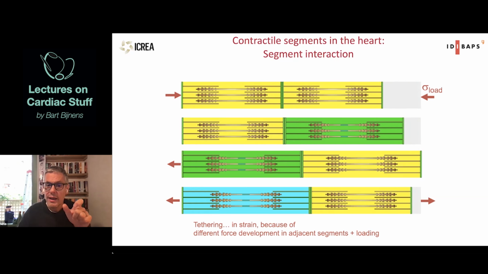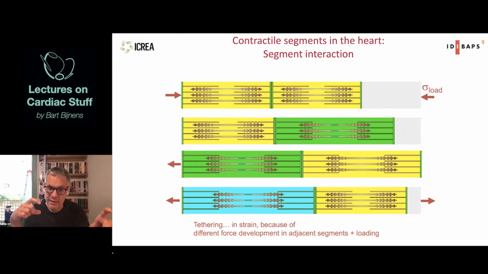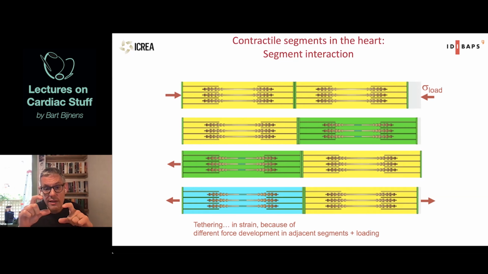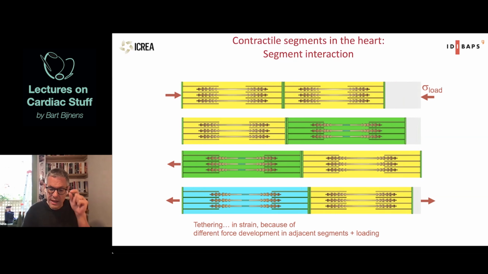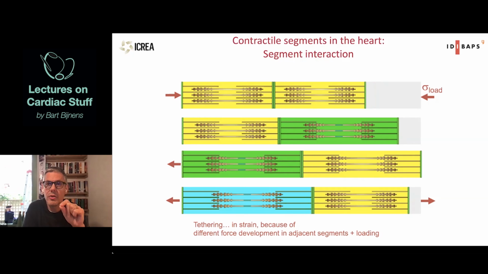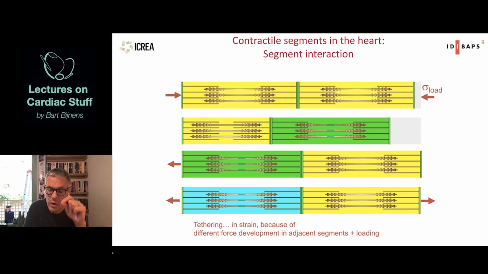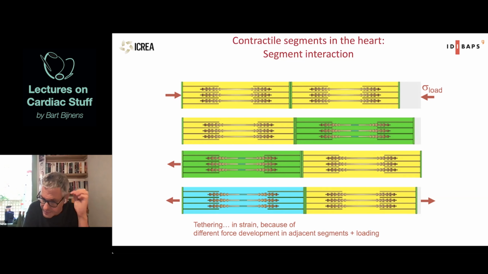If it's not a big scar, then the interaction of the different segments with the pressure that needs to be developed in the ventricle will determine what kind of deformation that segment has. So when you measure a local strain pattern, you can never interpret this in itself. You always have to interpret it in relation with what's happening in the surroundings, and also with the loading of the ventricle, so what's happening with the pressure.